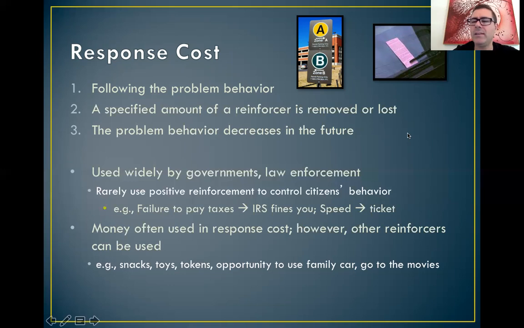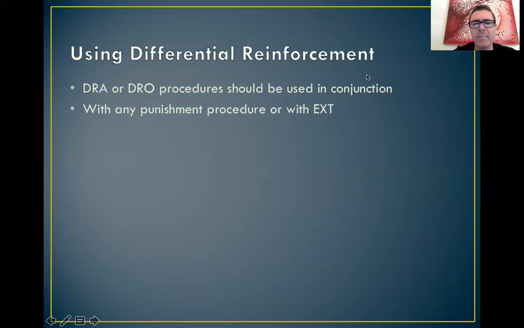I've seen a lot of kids that get stickers, and if they accumulate a certain number of stickers, they can exchange for something. Well, stickers can also be taken away if you engage in some sort of problem behavior. So if you misbehave, the sticker you just earned for good behavior could be taken away. Or the opportunity to use the car, or go to the movies, or go to a party, all those things can be taken away.